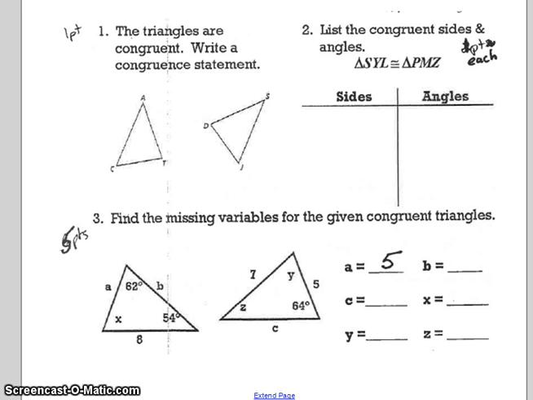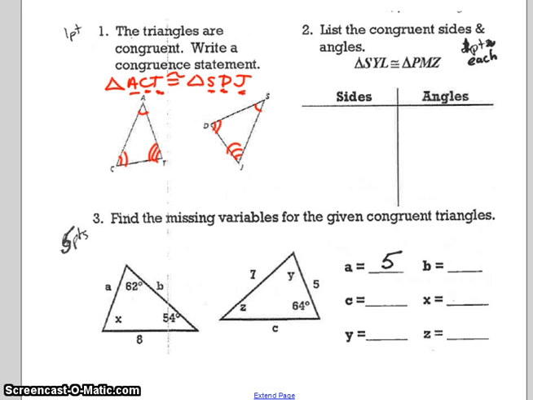So A, C, T. A looks like it's congruent to S, C looks like it's congruent to D, and T looks like it's congruent to J. We're going to correspond those letters when we write our congruent statement. So triangle ACT is congruent to triangle SDJ. A is congruent to S, C is congruent to D, T is congruent to J.